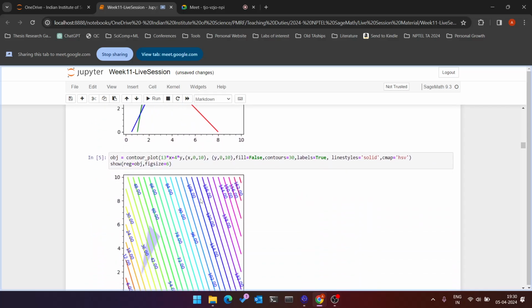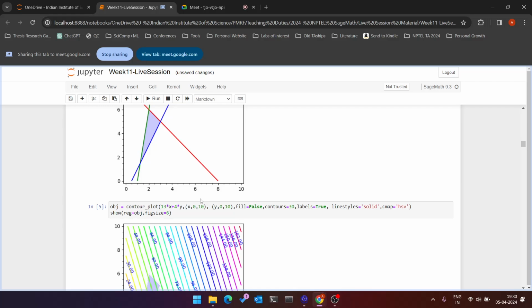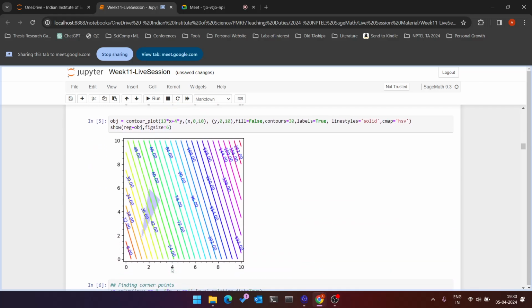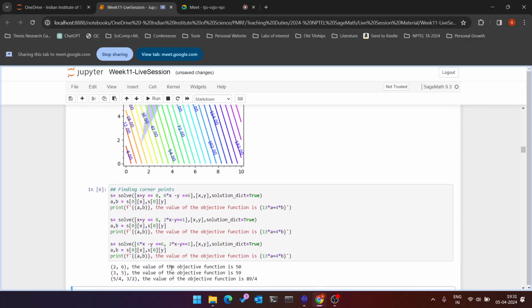Simple, straightforward geometric intuition to find the constraint region, following which contour plots to get a feel of how the objective function varies over the region, and then solving for the corner points to obtain our final solution.